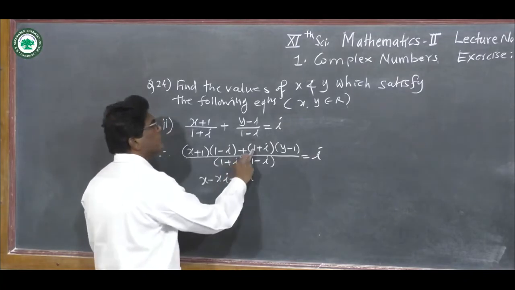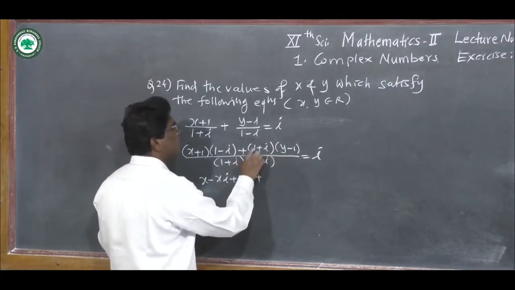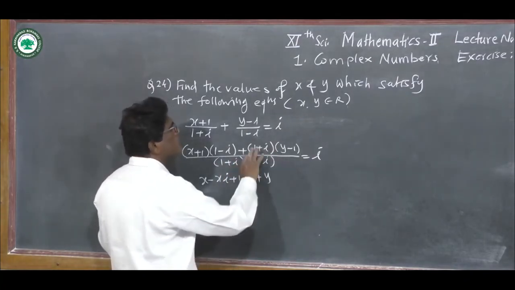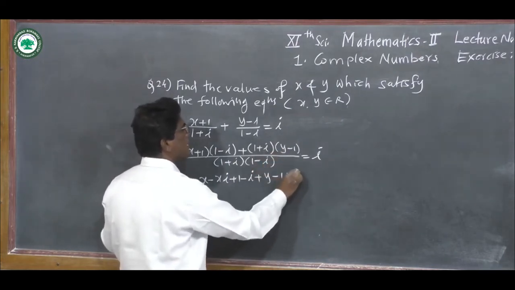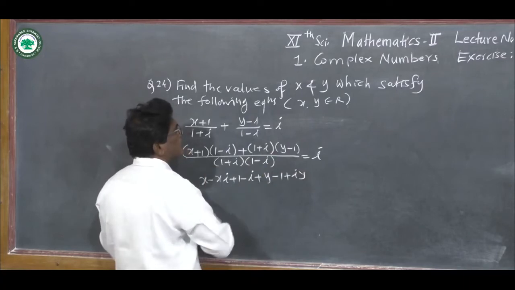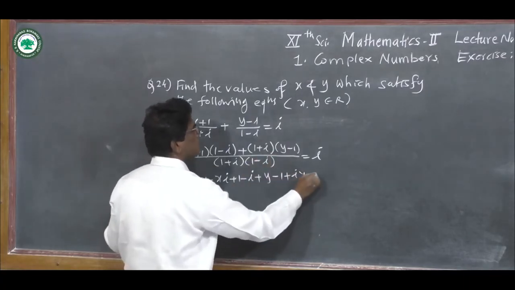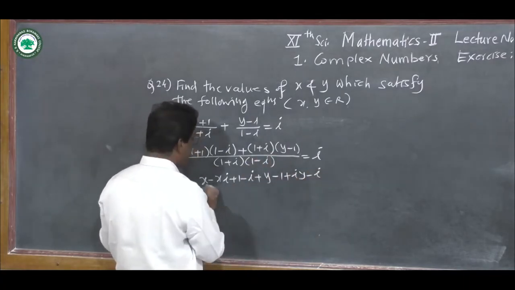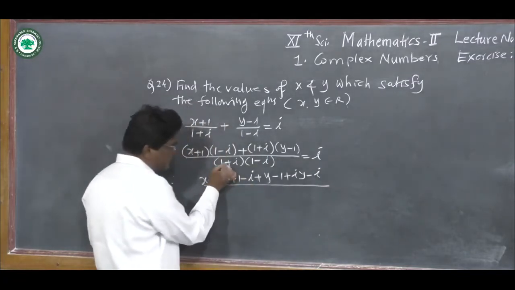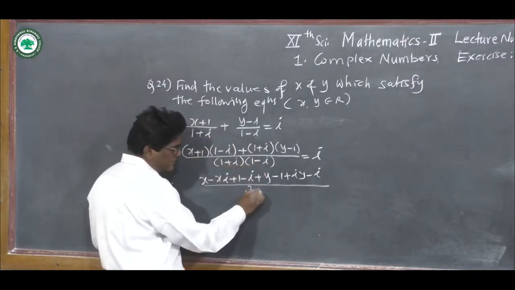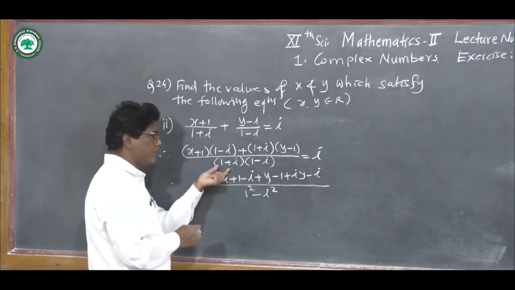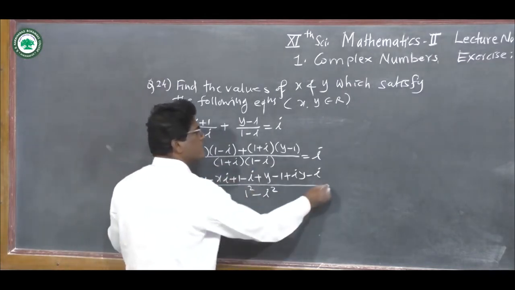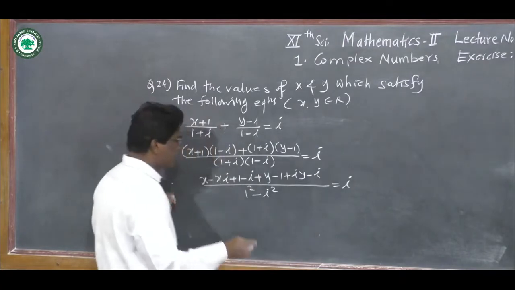Now 1 into y is y, 1 into minus 1 is minus 1, i into y is iy, plus i into minus 1, minus i, divided by (1 plus i) into (1 minus i), that is 1 square minus i square, using the formula a square minus b square equals (a plus b)(a minus b), equal to i.